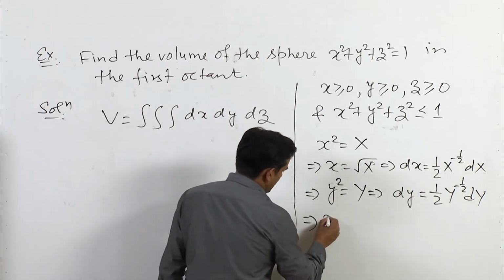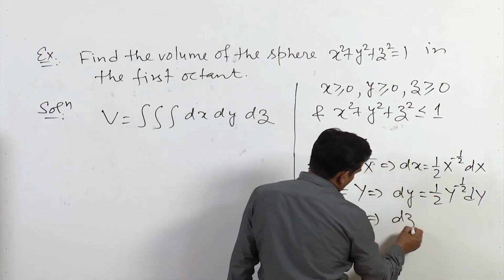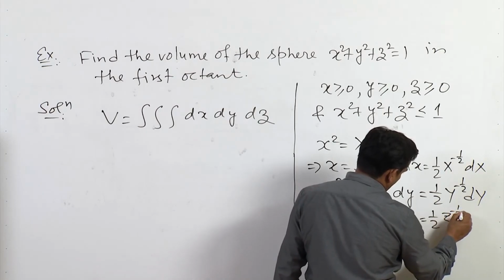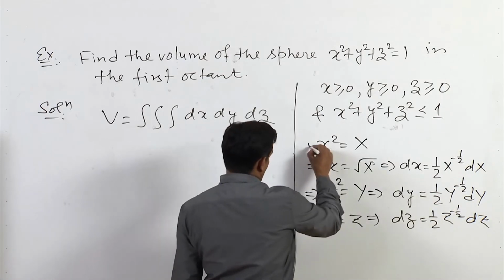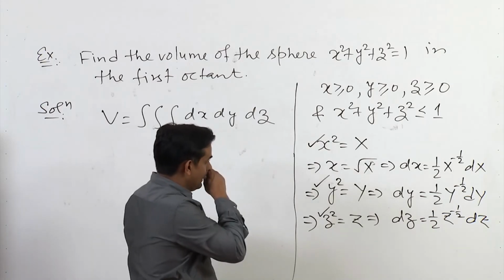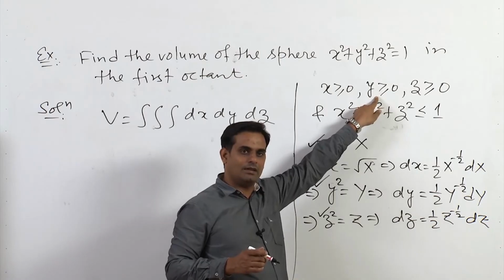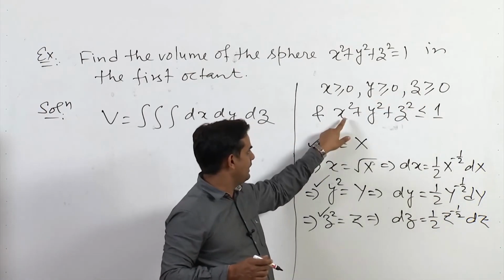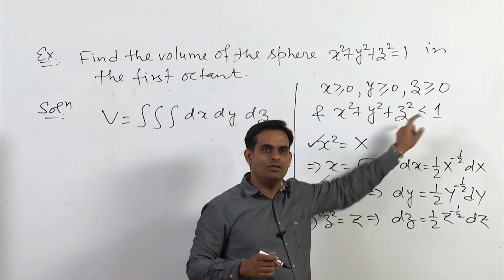And finally, z square equals capital Z. So, it will give me dz equals 1 by 2 capital Z raised to power minus half dZ. So, from these substitutions, the region can be written as capital X greater than 0, capital Y greater than or equal to 0, capital Z greater than or equal to 0, and capital X plus capital Y plus capital Z is less than or equal to 1.